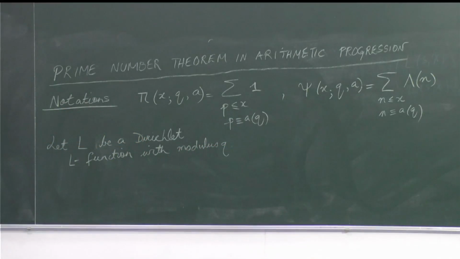The case q equal to 1 is the Riemann zeta function. And a and q should be coprime.